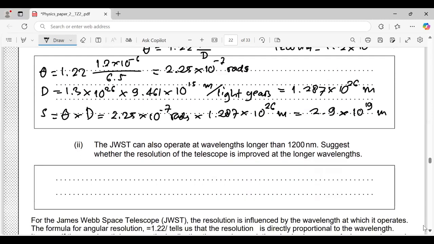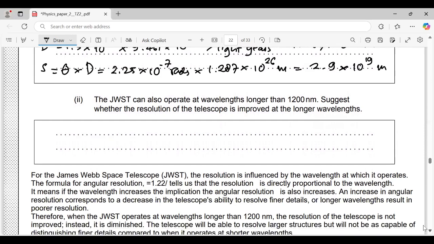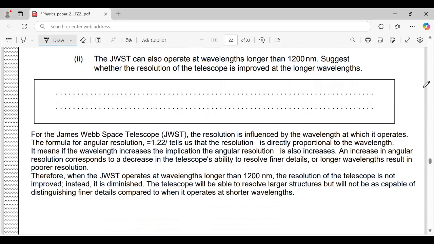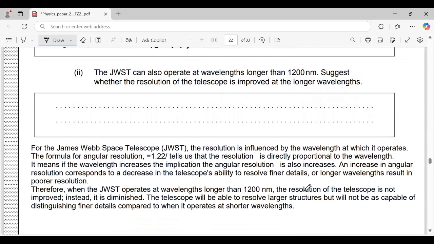Next, the JWST can also operate at wavelengths longer than 1,200 nanometers. Suggest whether the resolution of the telescope is improved at the longer wavelength. I have provided my opinion about this question: for the James Webb Space Telescope, the resolution is influenced by the wavelength at which it operates.